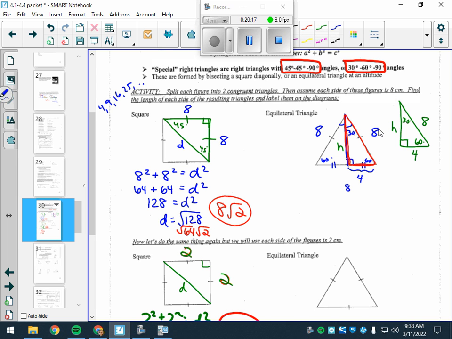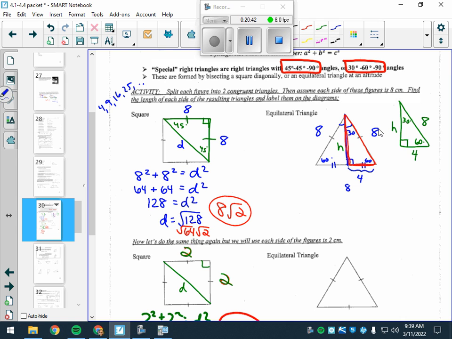Approximately means you took your decimal and rounded it off. So trigonometry will always give you an approximation. Pythagorean theorem allows you to leave it as a simplified radical, which is an exact answer. So with special right triangles, 45, 45, 90 and 30, 60, 90, we're going to be leaving them as simplified radicals, so we have exact answers.